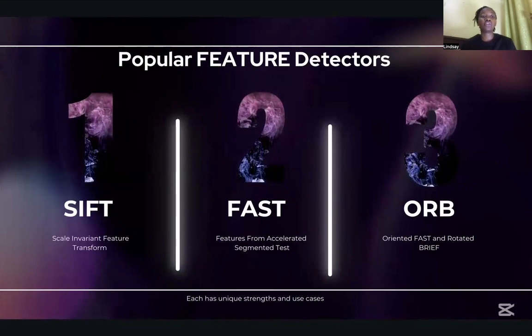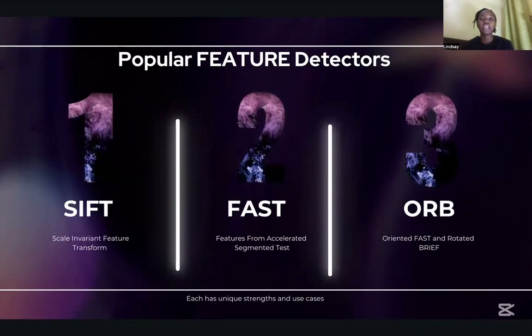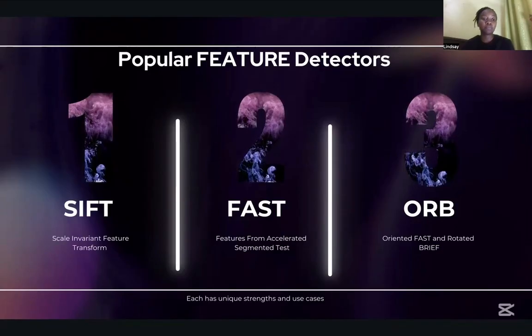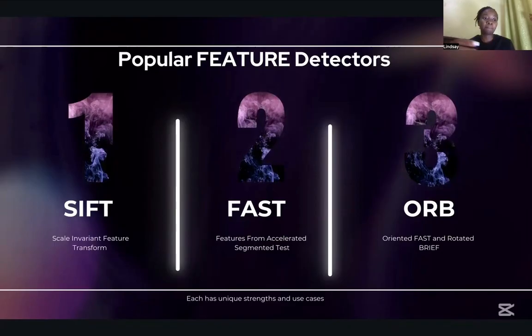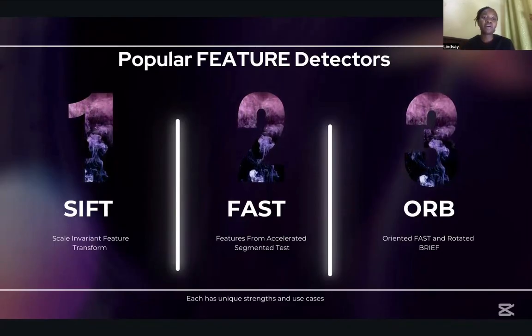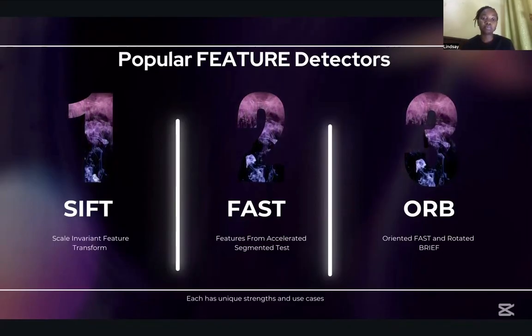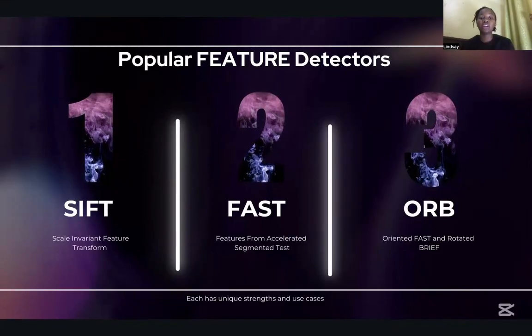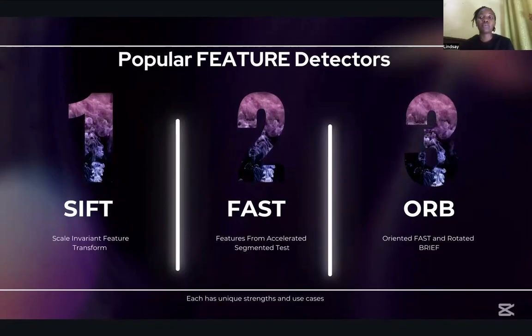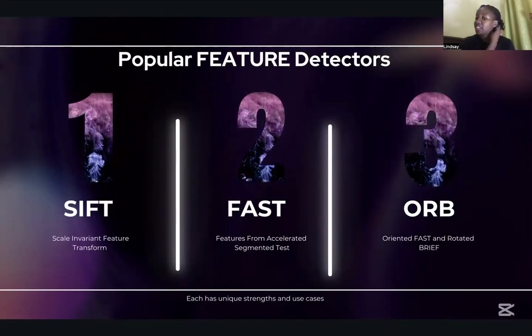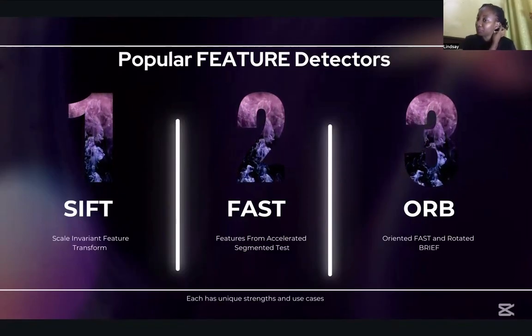We're now going to go through the popular feature detectors. We have SIFT, FAST, and ORB. SIFT is Scale Invariant Feature Transform. FAST is Features from Accelerated Segment Test. ORB is Oriented FAST and Rotated BRIEF.